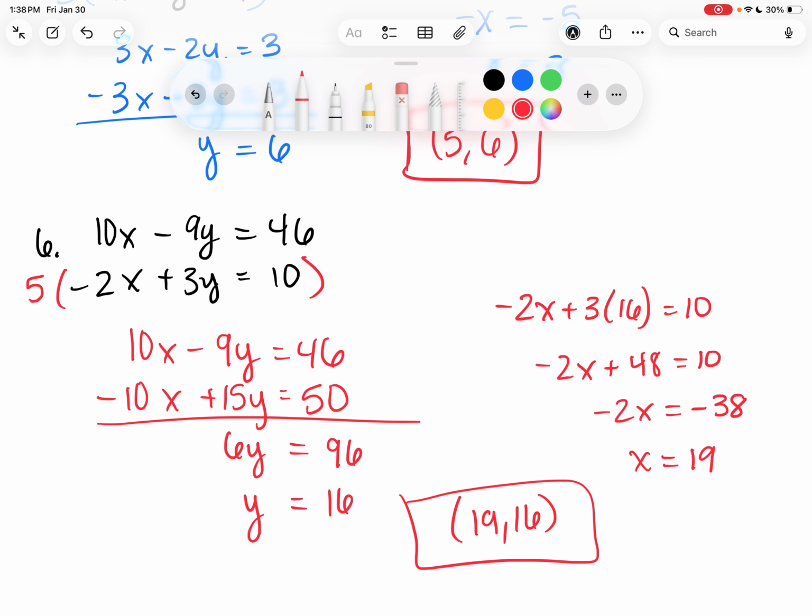Yeah, so I'm trying to get these numbers to match. So I basically was like, okay, well, this number is smaller, so what can I multiply this by to give me 10? Sometimes, we're going to get into ones where you actually have to multiply both equations. But for right now, these ones you're just having to multiply one of them. Because sometimes it won't just be like, oh, I can multiply this by 5 and it gives me that number. But that won't always be the case.